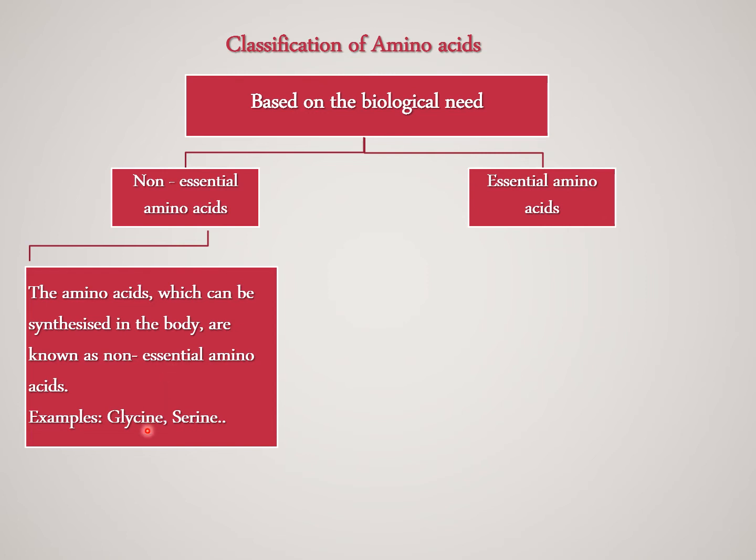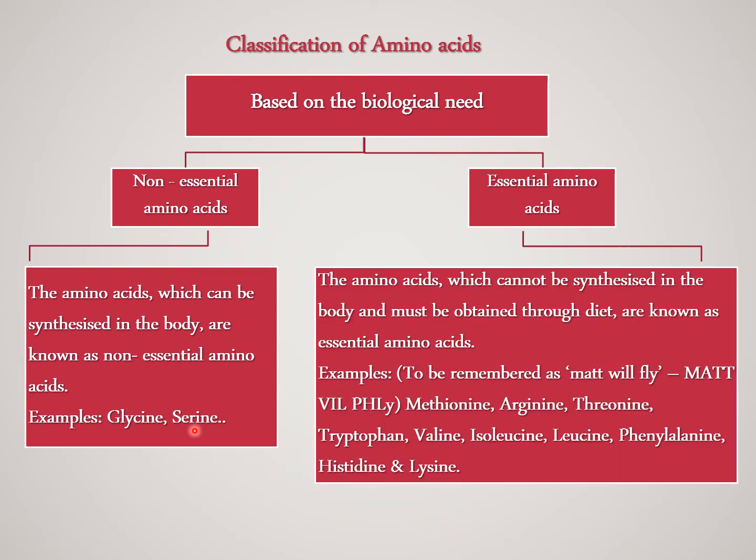Example, glycine, serine, etc. But when we discuss essential amino acids, as I told you, we are having 20 different amino acids with us. Out of that, 10 are non-essential amino acids. The remaining 10 become essential amino acids. Now, the 10 essential amino acids are thus called because the human body cannot synthesize these amino acids, and therefore they are very essential to us.